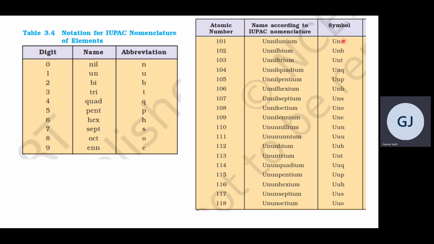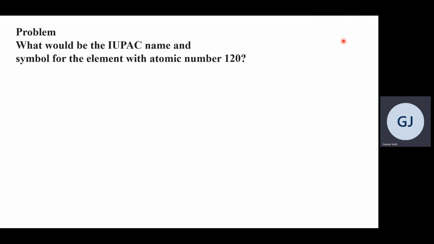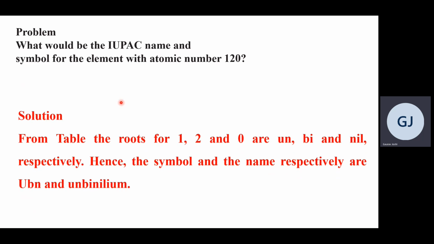So this was all about the nomenclature. Then this is your homework. If you try, you can do this nomenclature. For example, if an element with atomic number 120 is discovered in the future, what could be the name of this element? From the table, the number is 120.